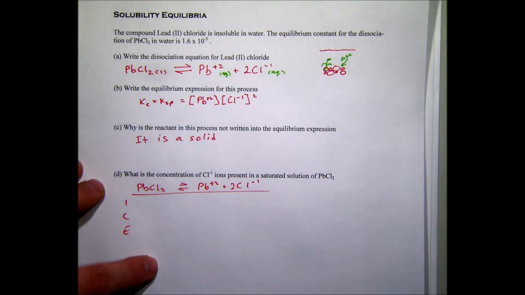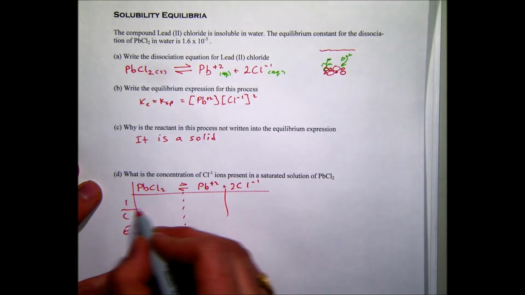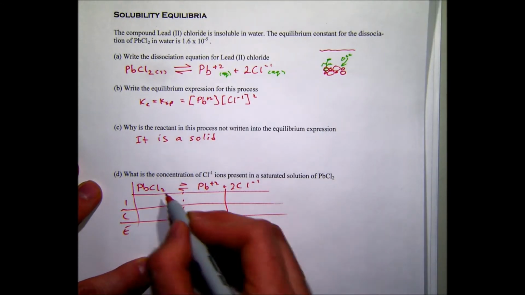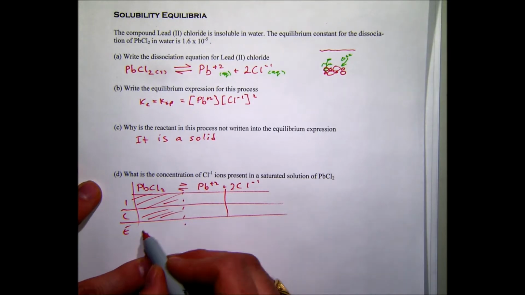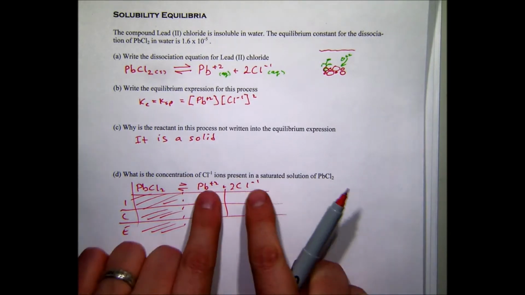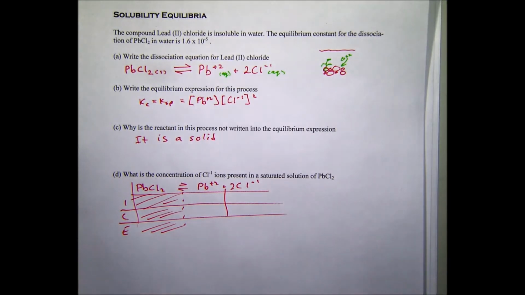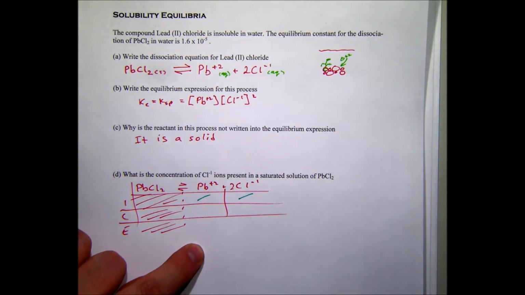We write our ICE box out. Wish I had a ruler, but because this is a solid, we're never going to include it. So I wrote it in just so we could see where the equation's coming from, but we're only going to be concerned in these two areas. So the concentration of lead and chloride when we start is nothing.